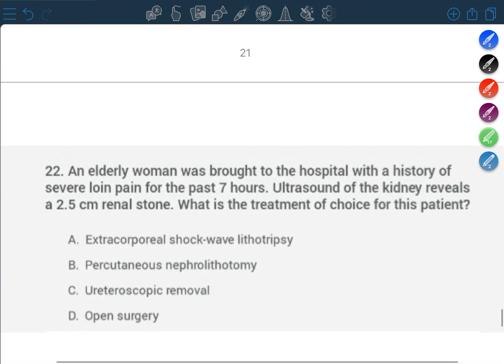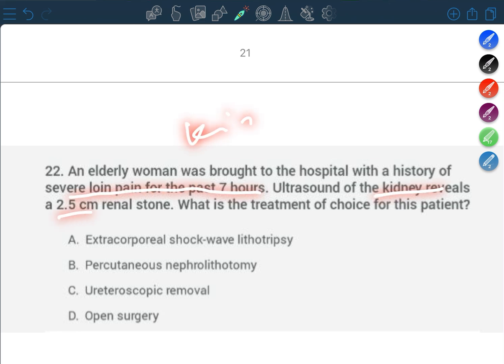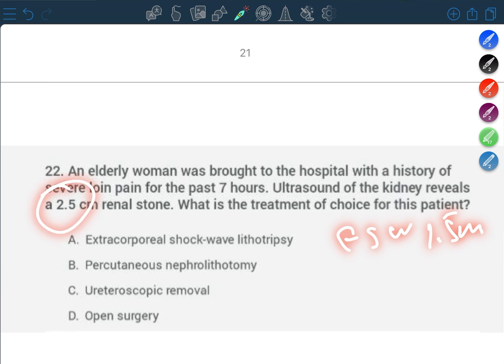Next question. A 22-year-old woman is brought to hospital with a history of severe loin pain for the past 7 hours. Ultrasound of the kidney reveals a 2.5 centimeter, very big stone. What is the treatment of choice for this patient? ESWL is done up to 1.5 centimeter, and this is more than that, so no. Ureteroscopic removal is mainly preferred in ureters.